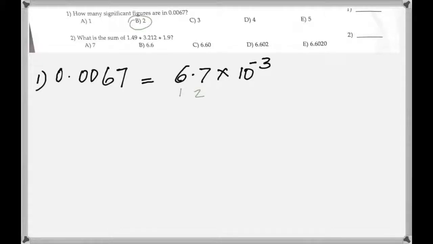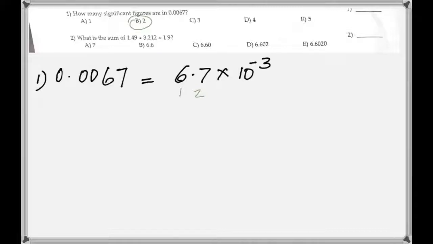So in this case, the first non-zero digit is 6, and therefore it has 6.7 times 10 to the negative 3, which means there are two significant figures. Simple.